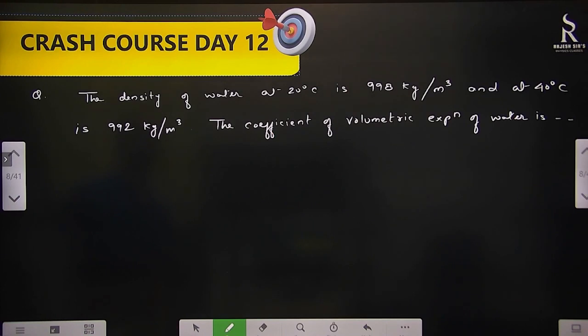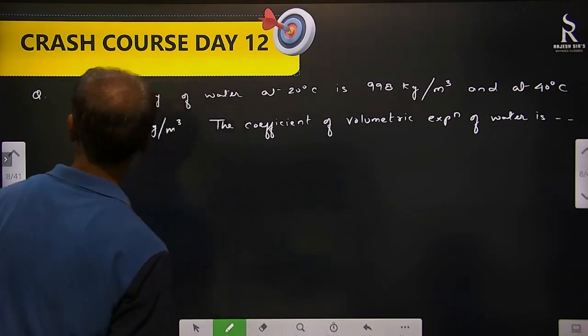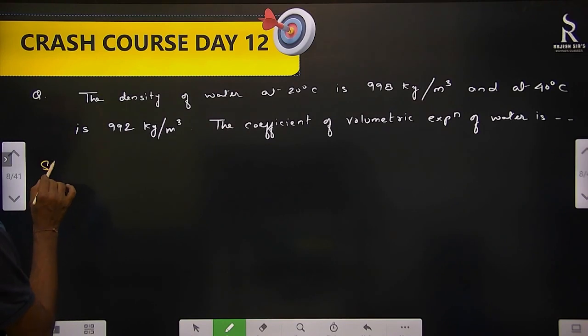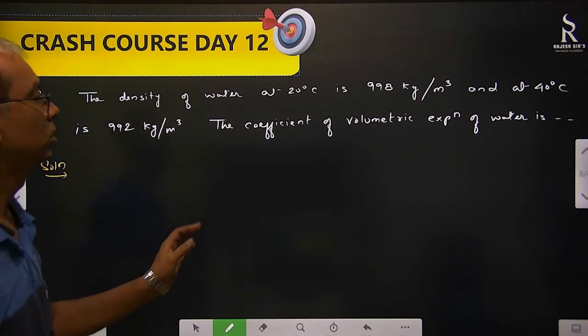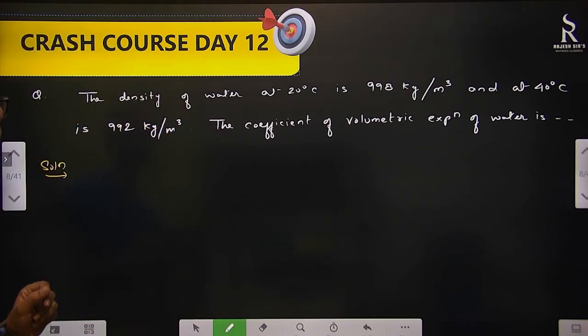Now, the density of water at 20 degrees centigrade is 998 kg per meter cube and at 40 degrees centigrade it is 992. Find the coefficient of volumetric expansion of water. The question gives you information about density and is asking for the coefficient of volumetric expansion, gamma.